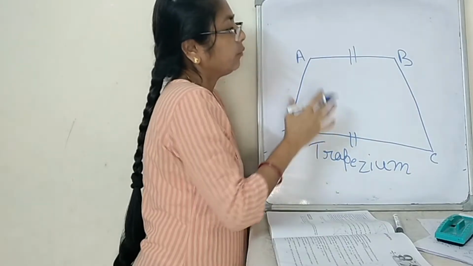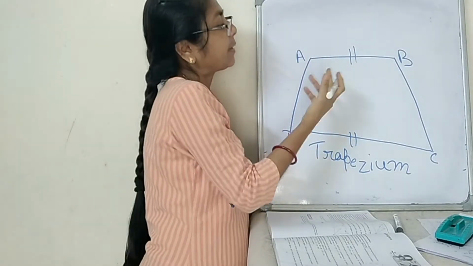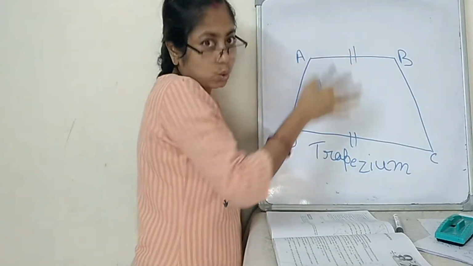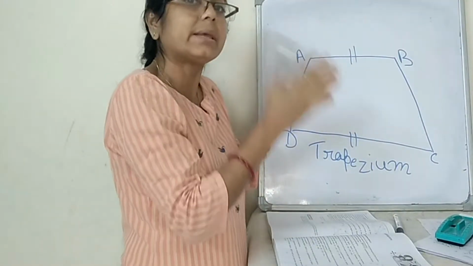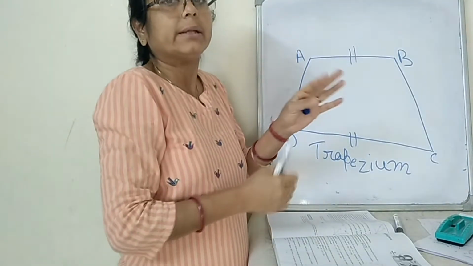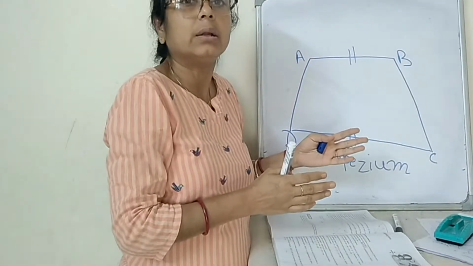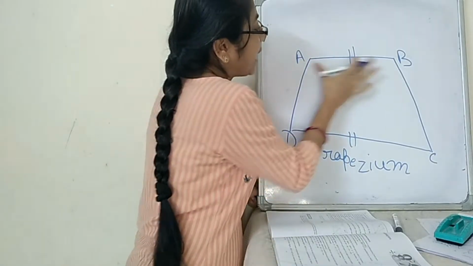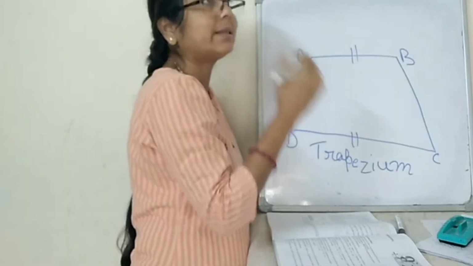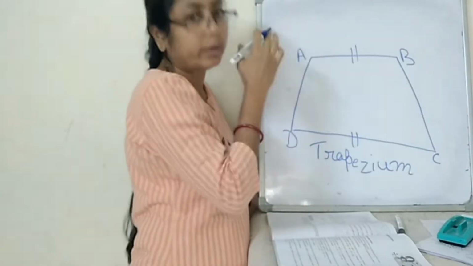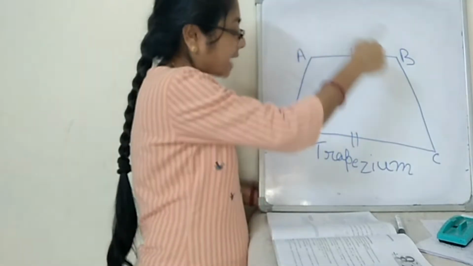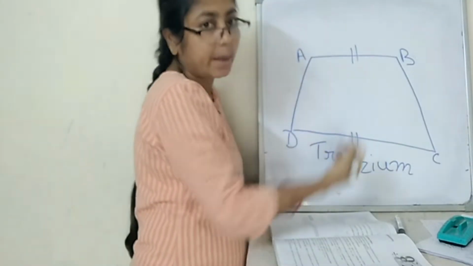Now look, what is the difference between this figure and the others? AB and DC, these two sides are parallel, which means they never meet at any point. But they are not equal. Look, AB is small and DC is bigger. According to size, they are not equal. Only they are parallel. So this type of figure we can call a trapezium.